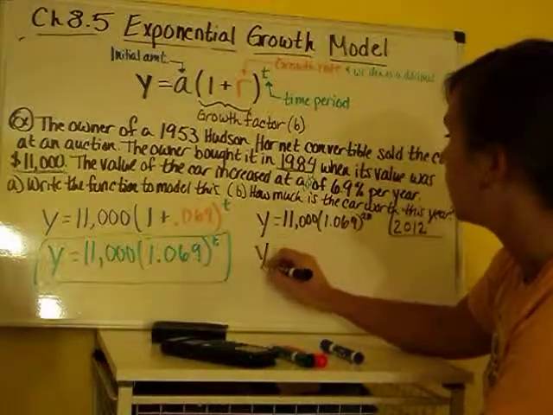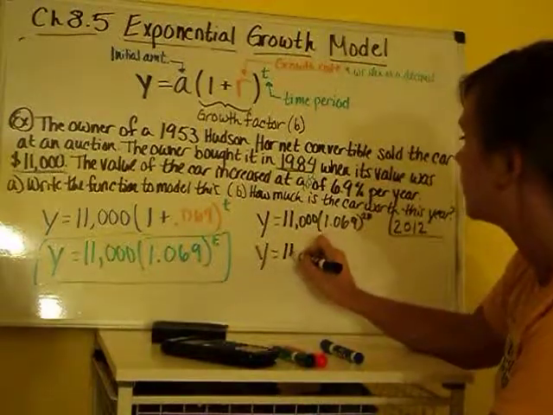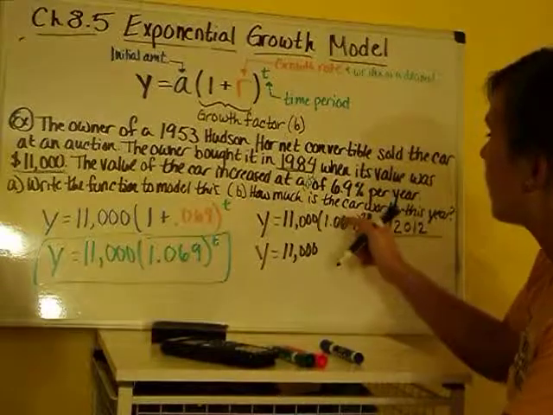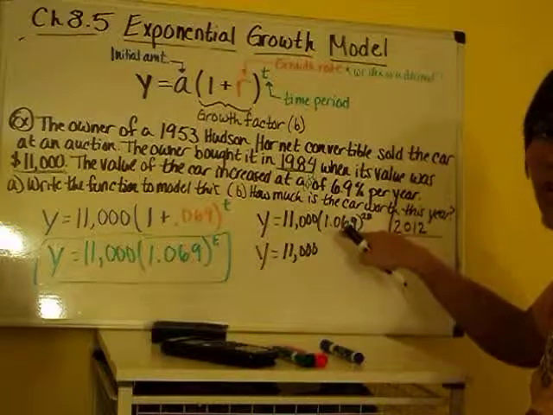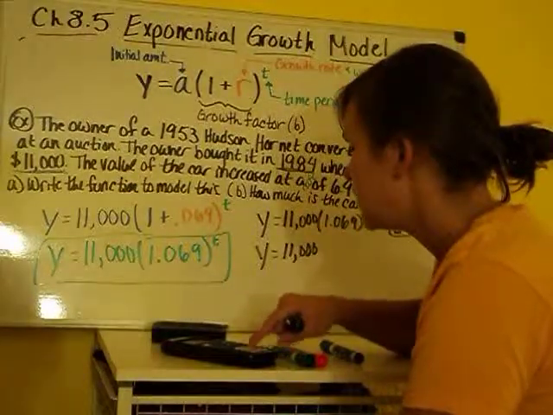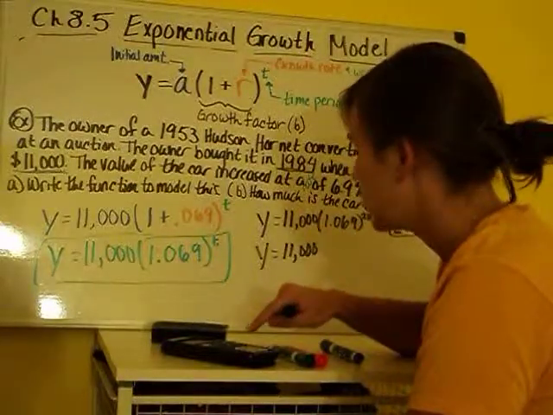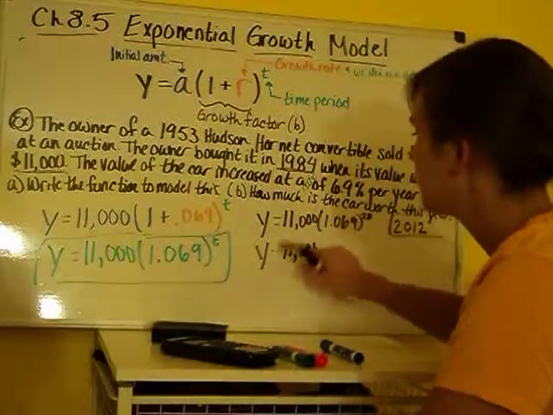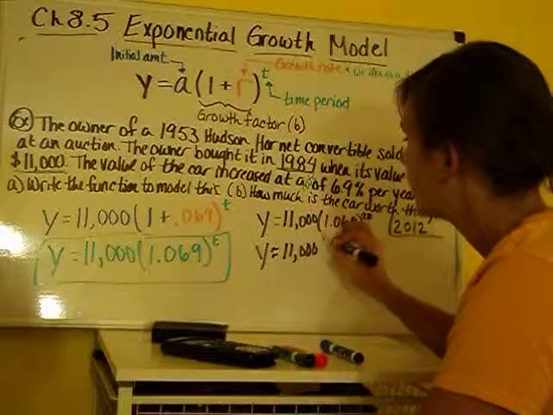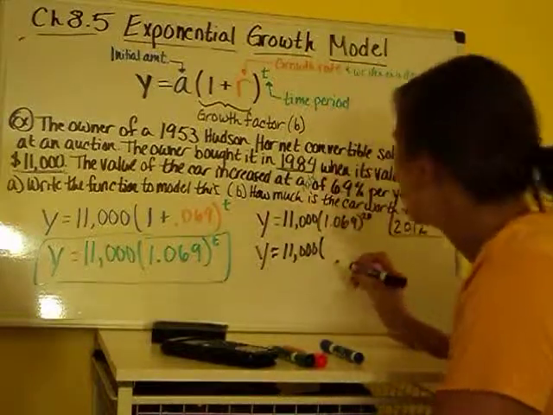Now we evaluate this. So we're going to have y equals 11,000. Order of operations, we need to take the exponent first. So we're going to have 1.069 to the 28th power, which is approximately 6.477.